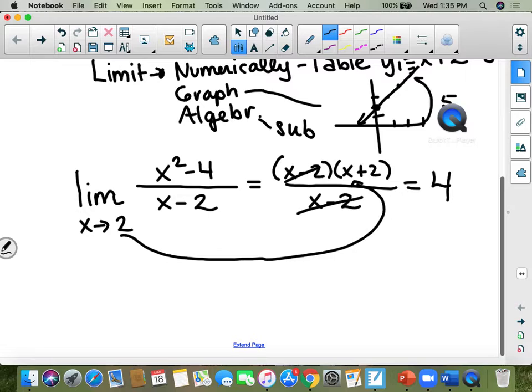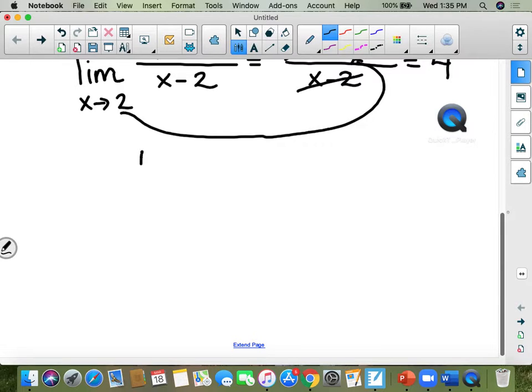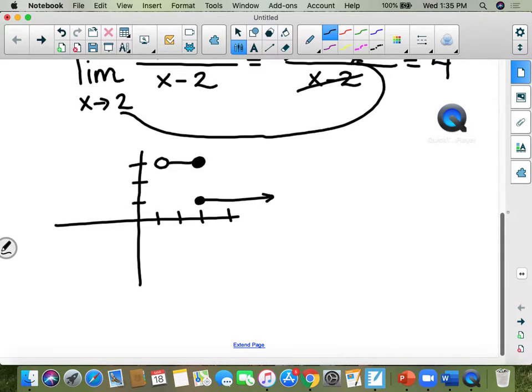And what the heck, we got some time on our hands. Let's just look at a graph. It's been so long that we've looked at limits. Let's just look at this one right here. 1, 2, 3, 4. 1, 2, 3. Let's put an open circle here, a closed circle here. Let's put a closed circle here, open circle there.